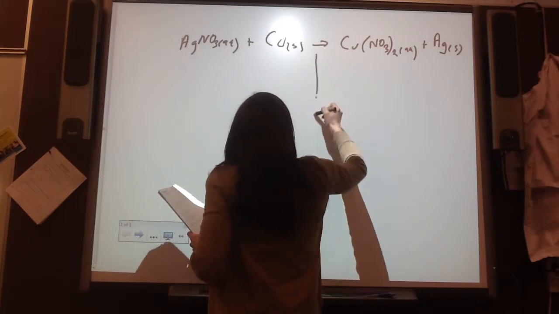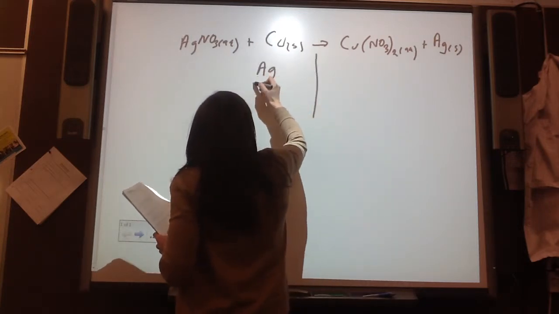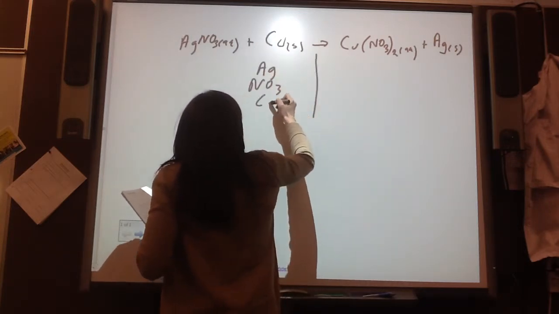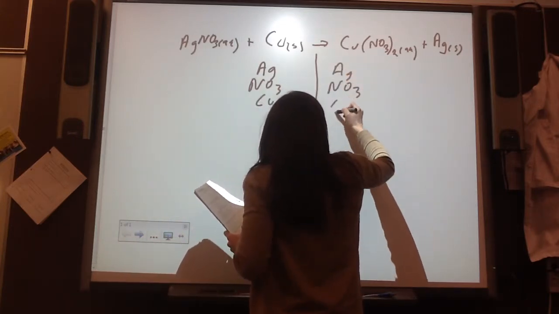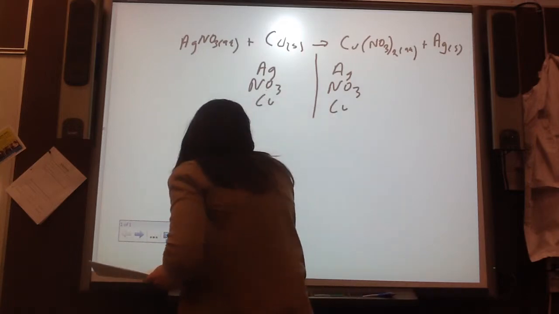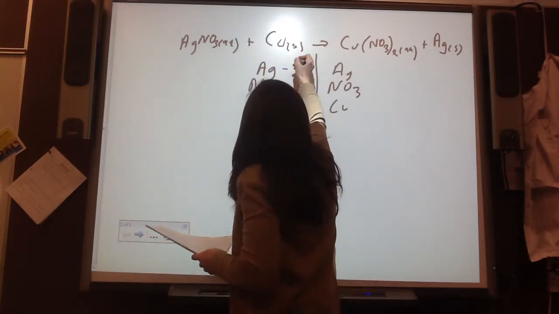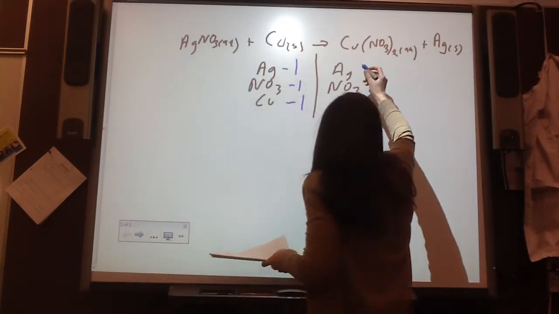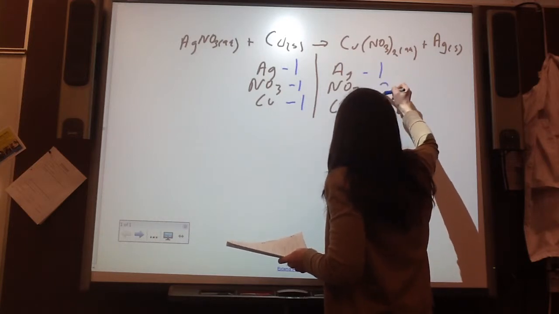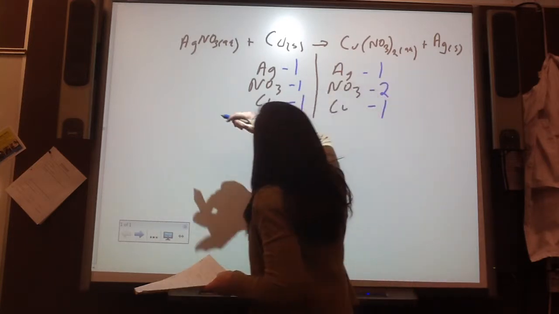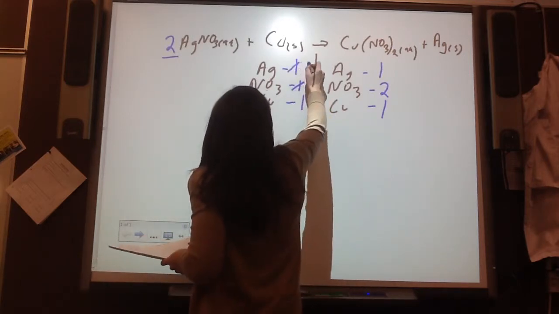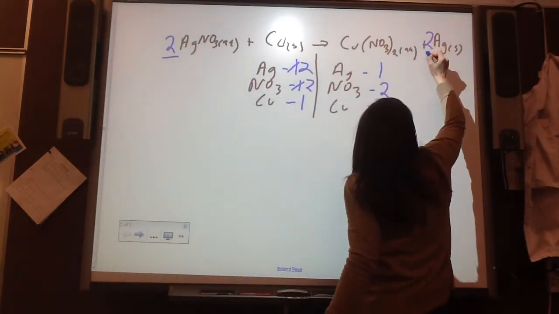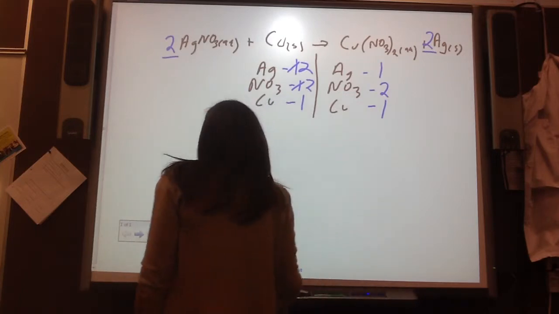Okay. So I have Ag, NO3, and Cu. Ag, NO3, and Cu. From the left, 1, 1, 1. On the right, I have 1, 2, 1. So I need to put a 2 here, and this comes 2, and so then I put a 2 here. Okay, now it's balanced.